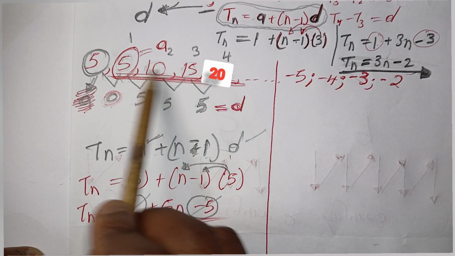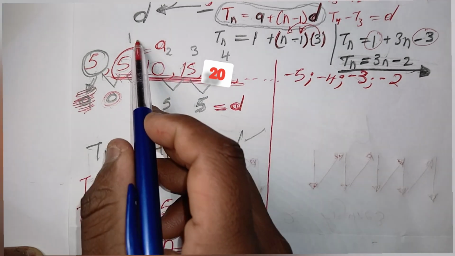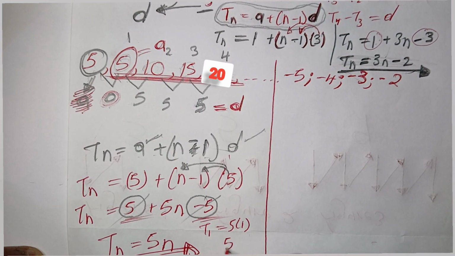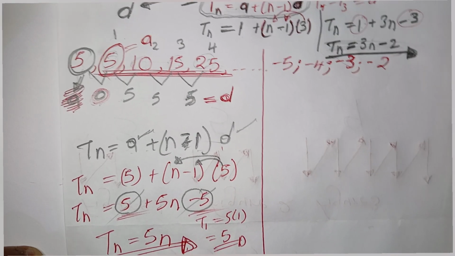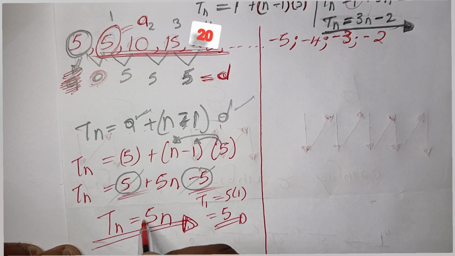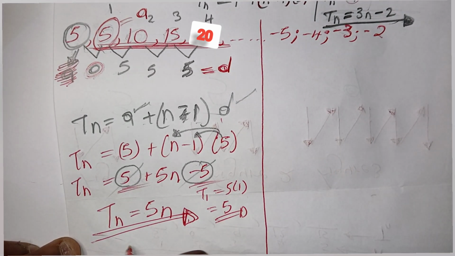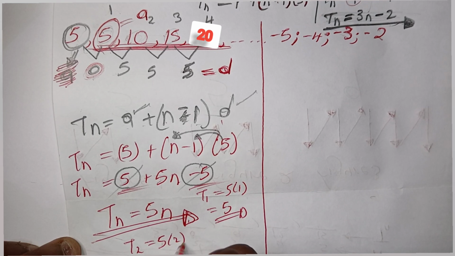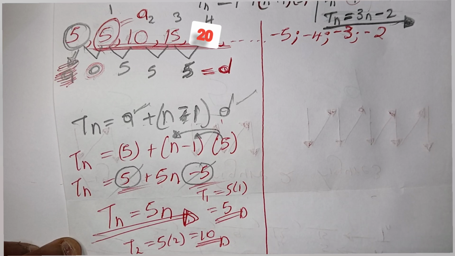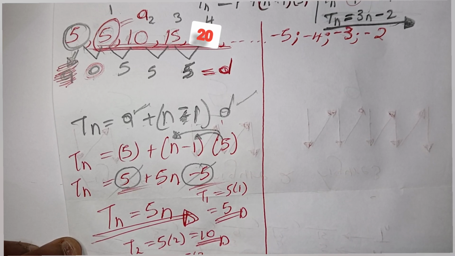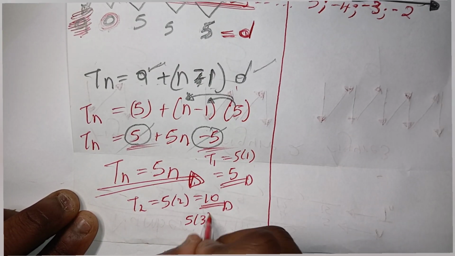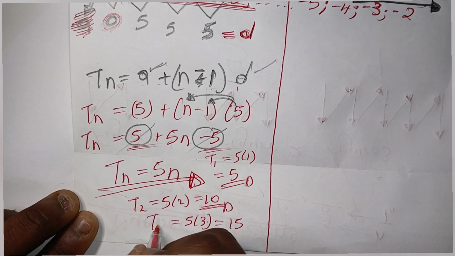If I substitute my position 1 in this equation, I will get 5. If I substitute 2 in this equation, I get 10. And if I substitute 3, it will be 5 times 3, which is the same as 15.